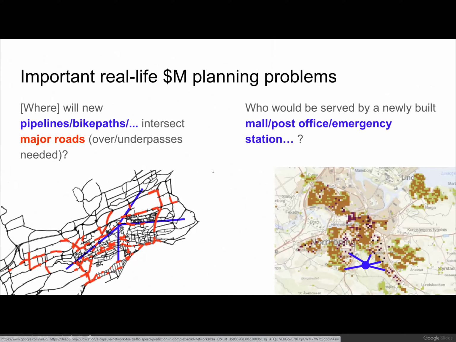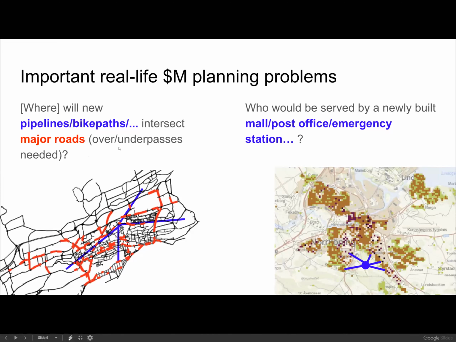Okay, so just a couple of real-life problems that we may want to look at in order to see where GIS applications come into play. You may have some roads, this red network, which is already in place, and you may want to install another network of pipelines, bike paths, whatever, new roads, and you want to understand where the new roads intersect with the old roads.